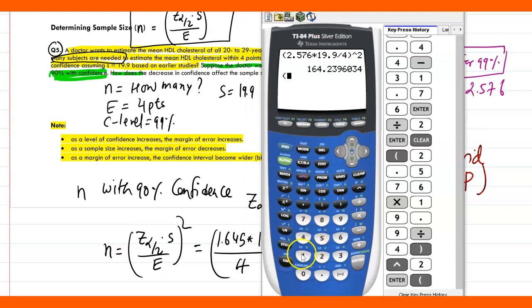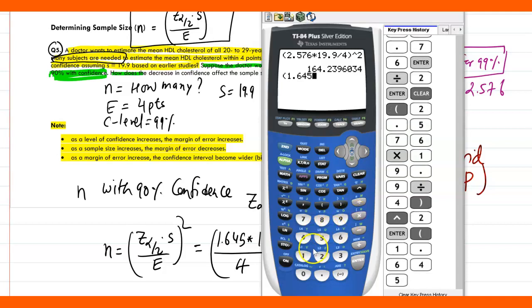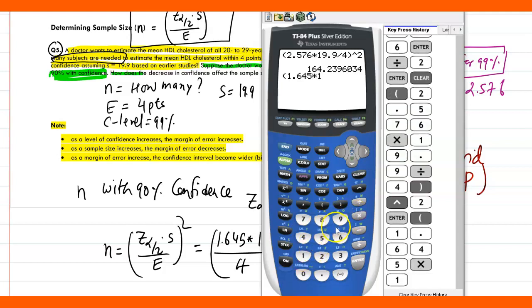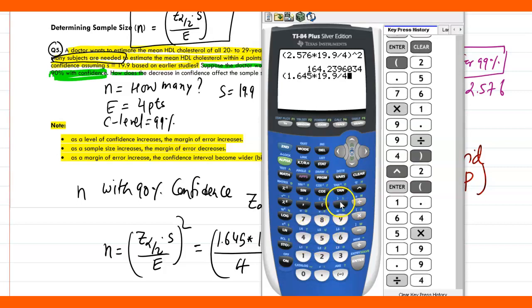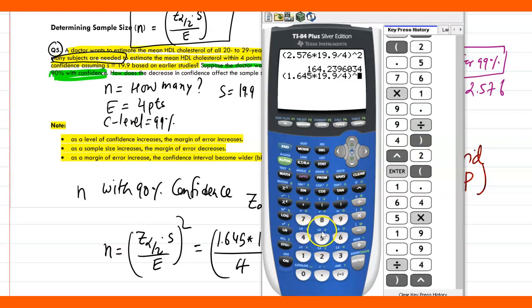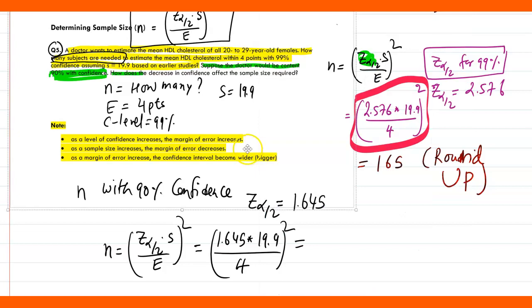Start parenthesis: 1.645 times 19.9 divided by 4, close parenthesis, square of that. You get 66.97, which rounds to 67.